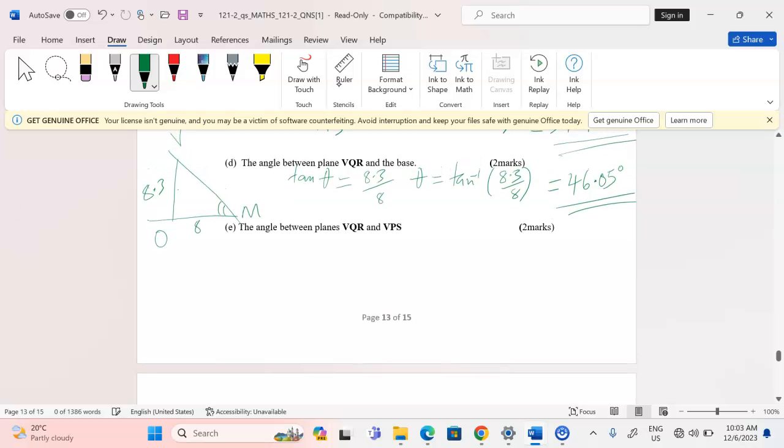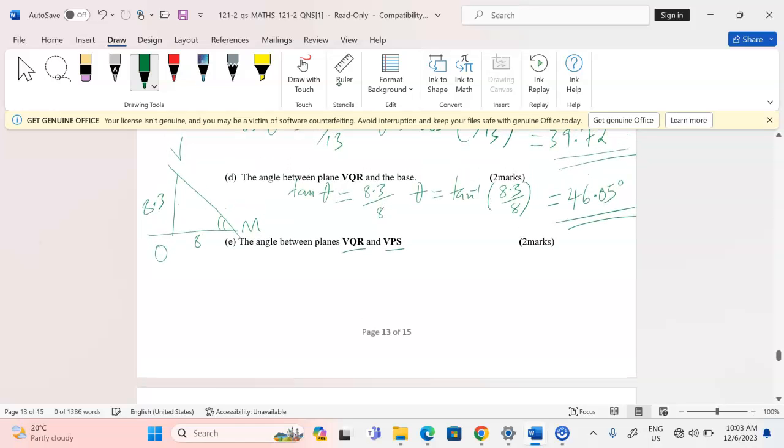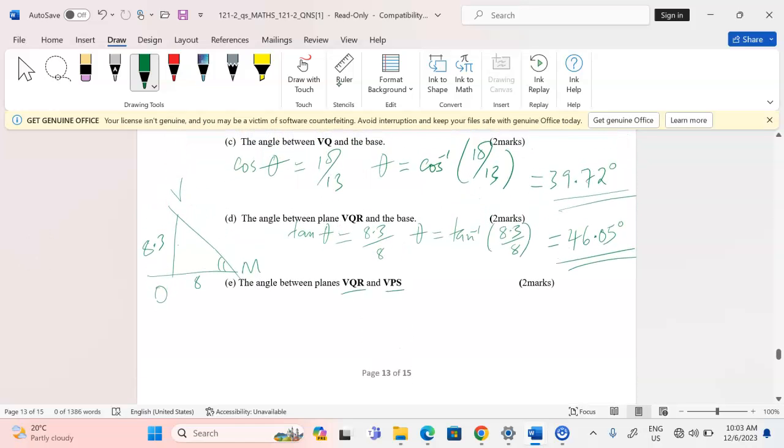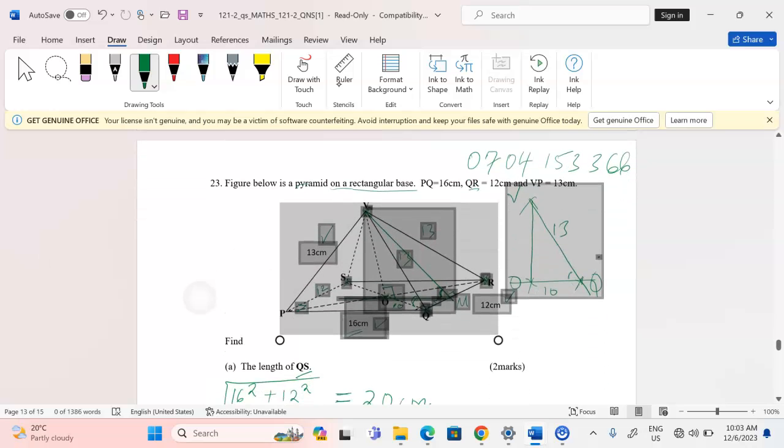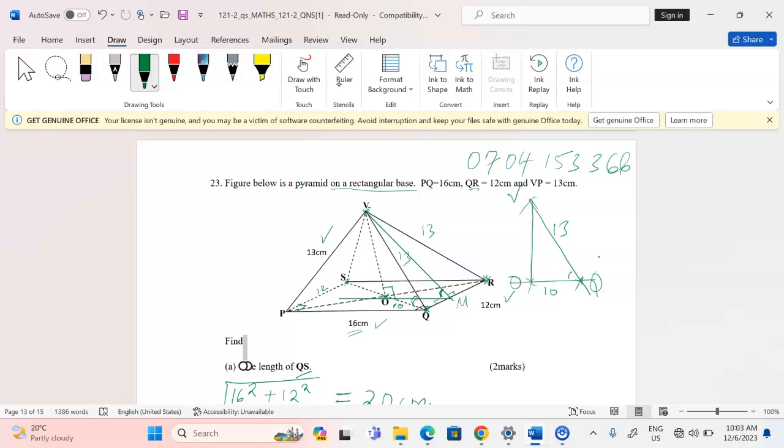We also have another angle here, the angle between VQR and VPS. These are two planes which are meeting at a vertex.